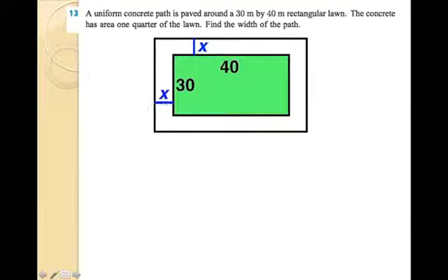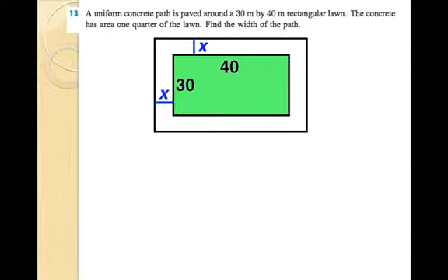I don't know what that width is going to be, so I called it X, but I do know that the area in white here, the area of just my concrete, is going to be 1/4 of the area of my lawn. So how wide does that have to be to make that true?